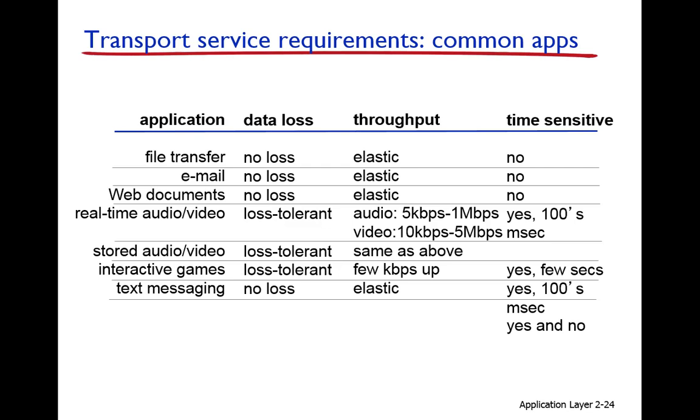The file transfer application cannot tolerate loss. Throughput is elastic, meaning as much bandwidth as is available is good. Minimum bandwidth and time sensitivity are not required. If a file is downloaded in 3 seconds or 5 seconds, it's not an issue. The other applications are also like this, and you can study it in the book as well.